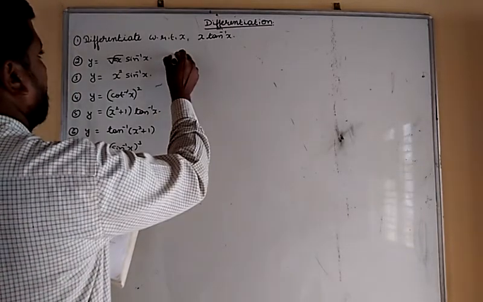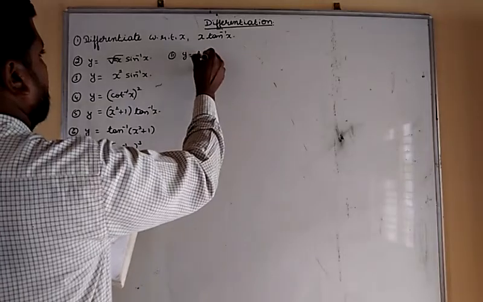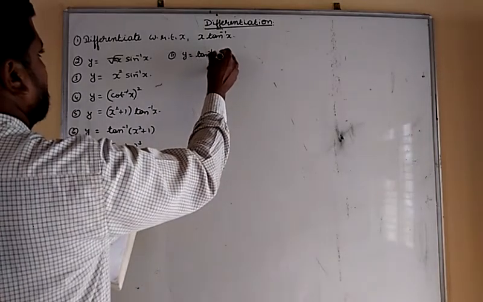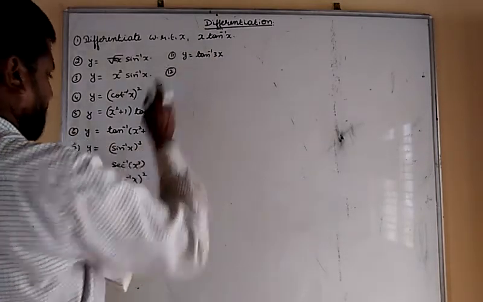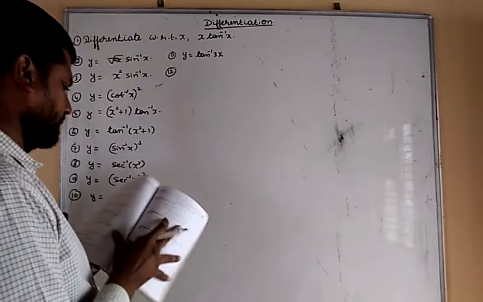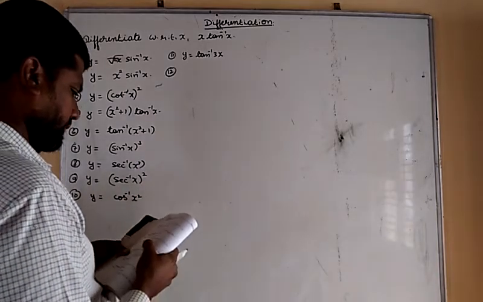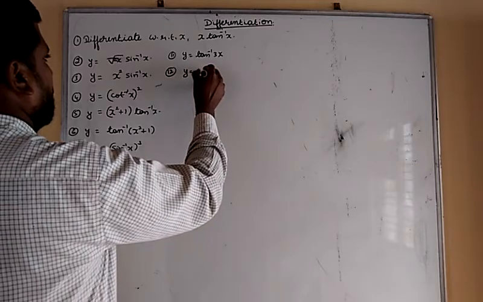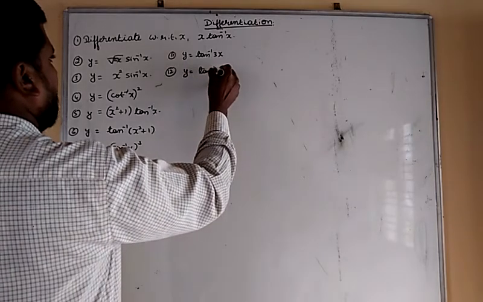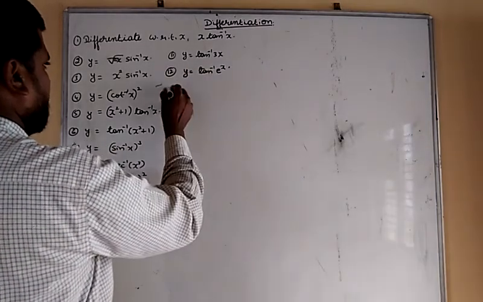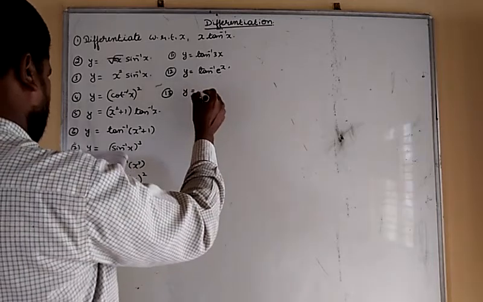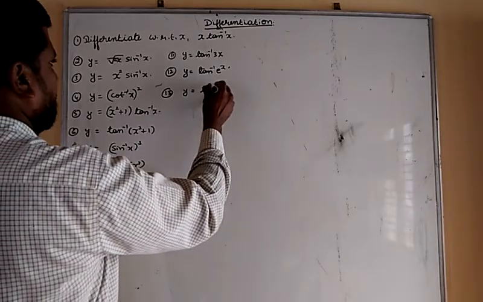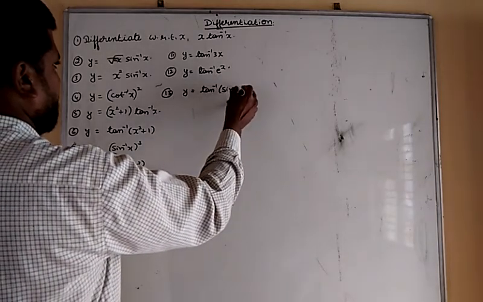Then 11th one, y is equal to tan inverse 3x. 12th one, y is equal to tan inverse e to the power of x. Then next, tan inverse sin x.